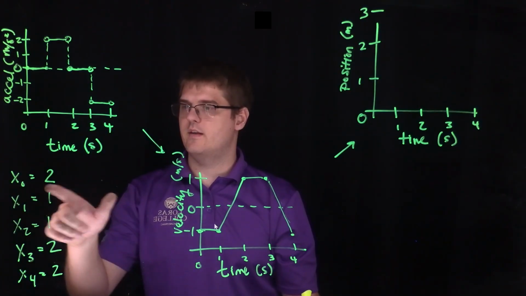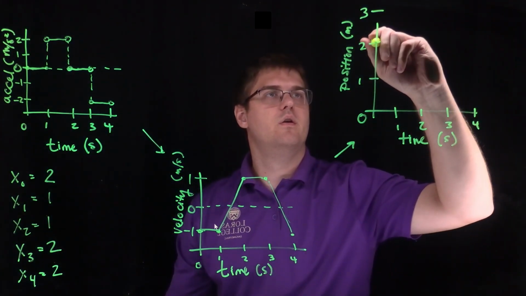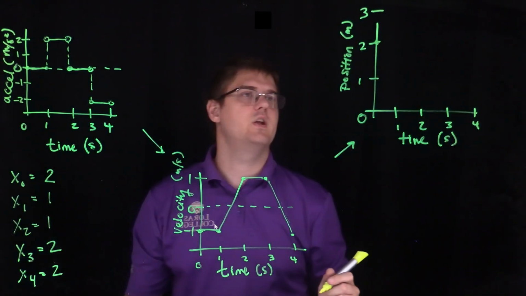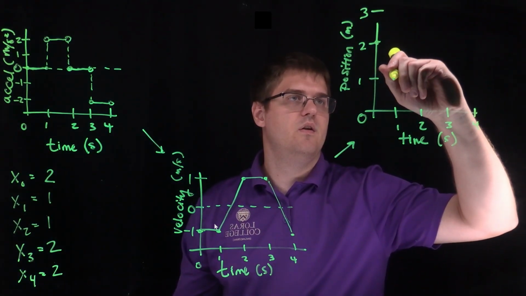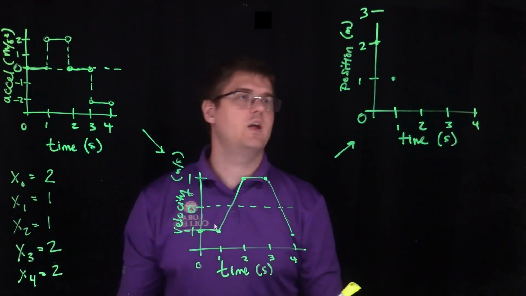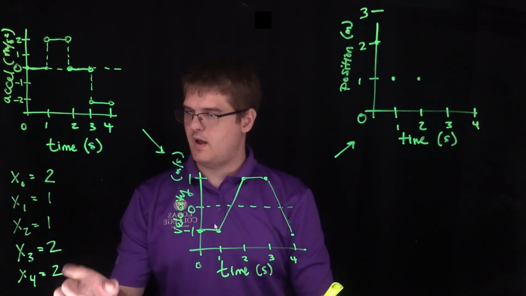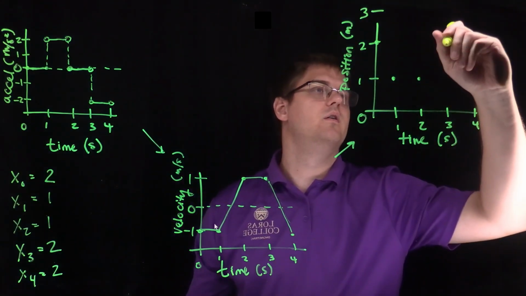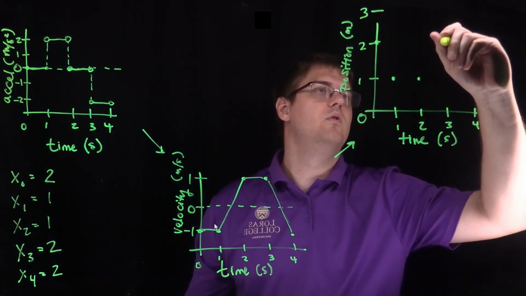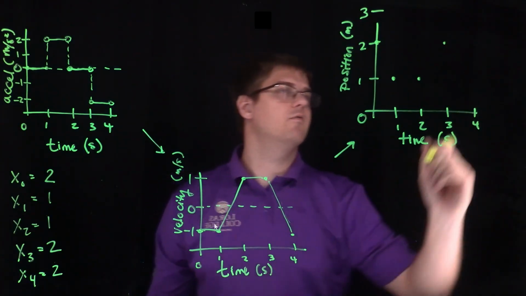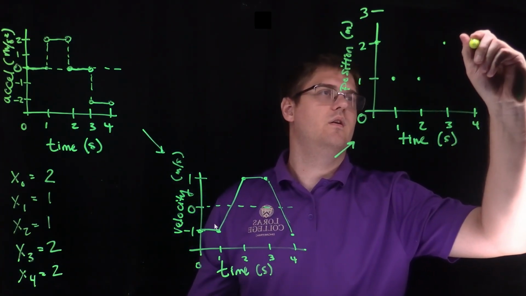My position at time 0 is 2. My position at time 1 is 1. My position at time 2 is 1. My position at time 3 is 2. And my position at time 4 is 2.